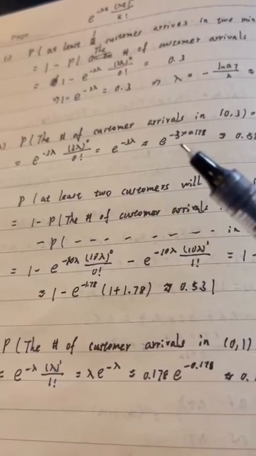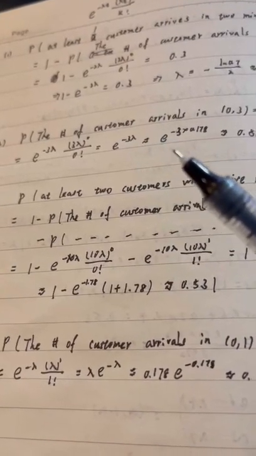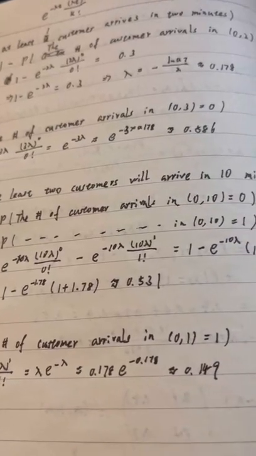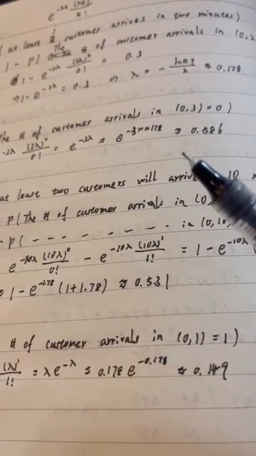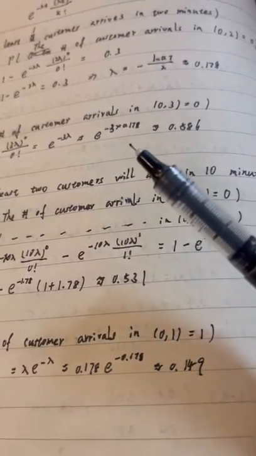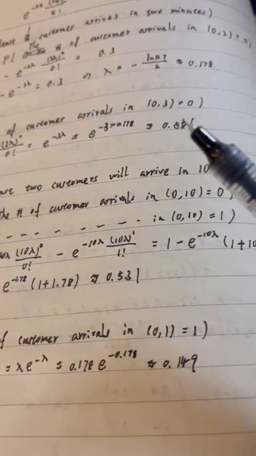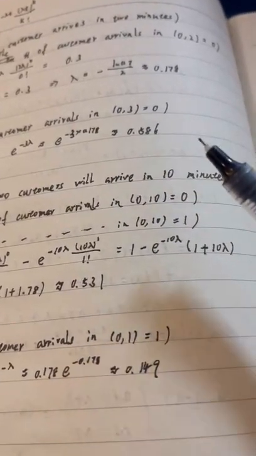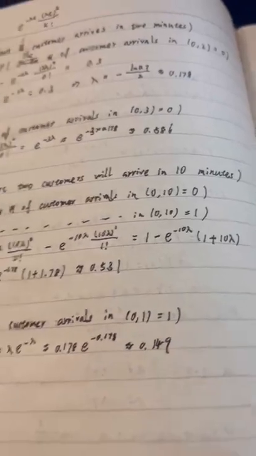It equals e to the power of minus 3 lambda. Substituting lambda, it is approximately e to the power of minus 3 times 0.178, which is approximately 0.586.